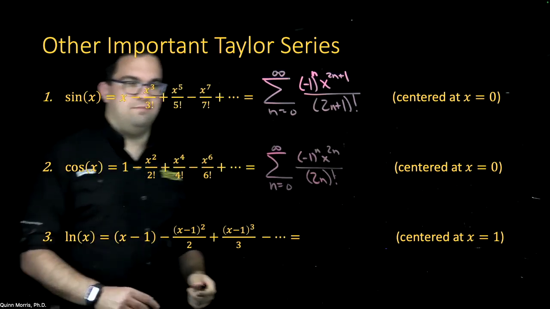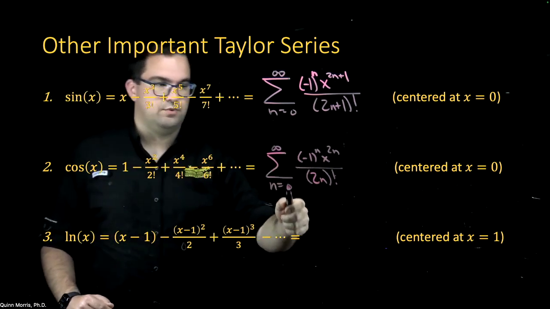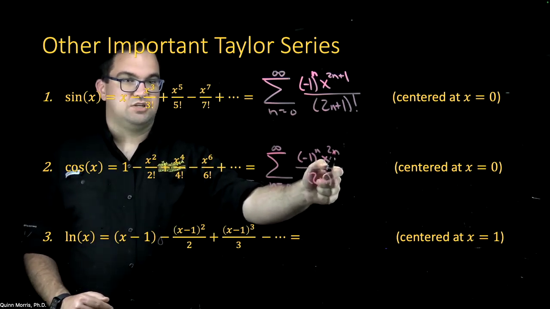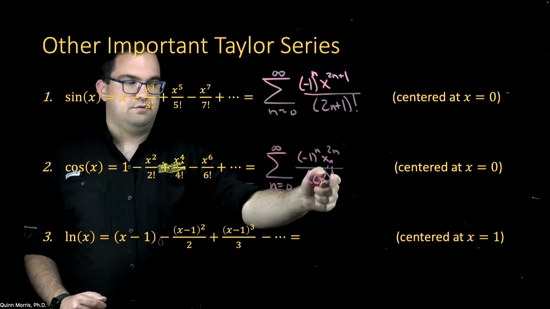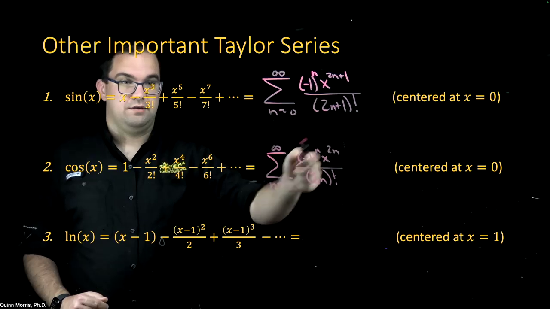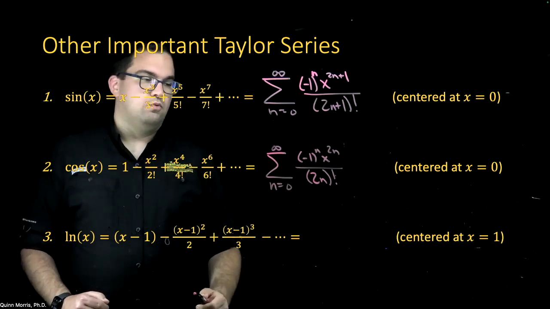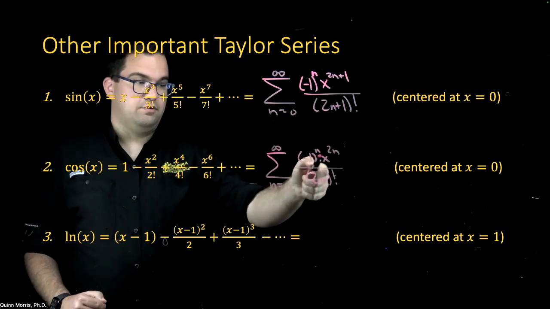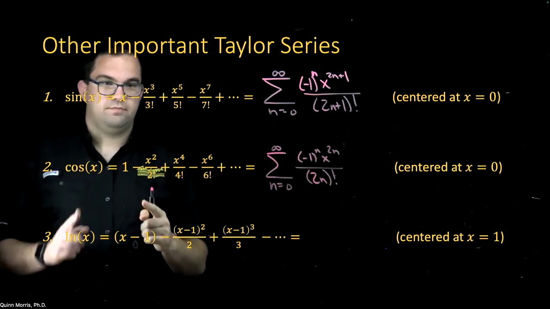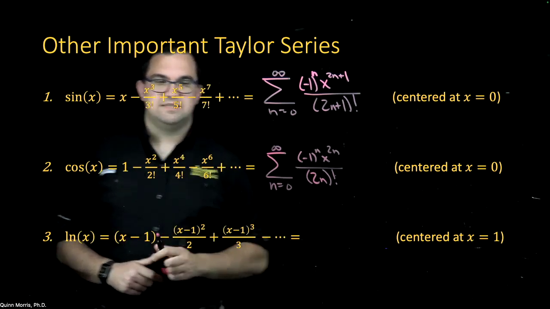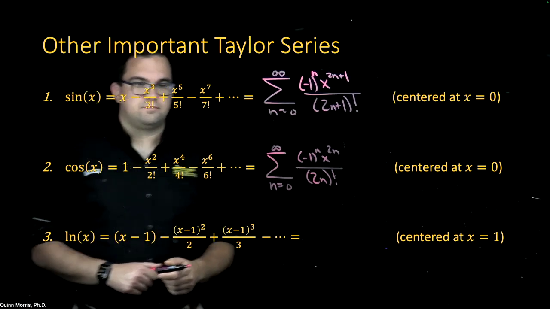The 2n plus 1 gave me odd terms. This will give me even terms. So when n is 0, I get positive x to the 0, which is just 1, divided by 0 factorial, which is just 1. So I just get 1 when n is 0. When n is 1, I get negative x squared over 2 factorial. There it is. And you can trace out the rest of the terms from there.